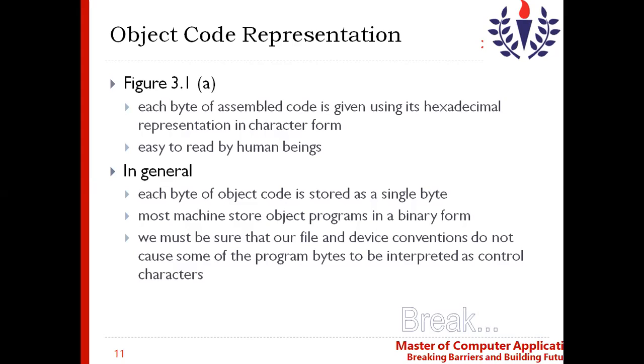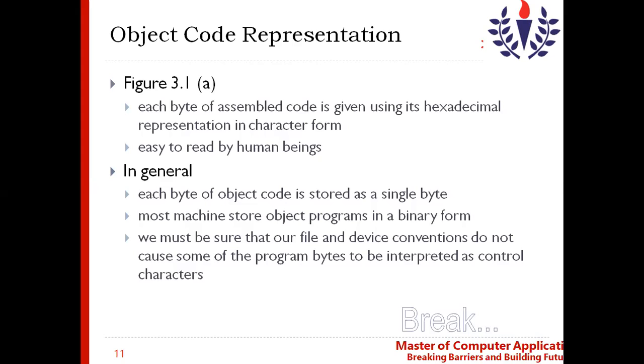These are all hexadecimal values, and we keep hexadecimal values for that. Even for EOF, we have kept 45, 4F, 46. So these are the hexadecimal values we use to represent.